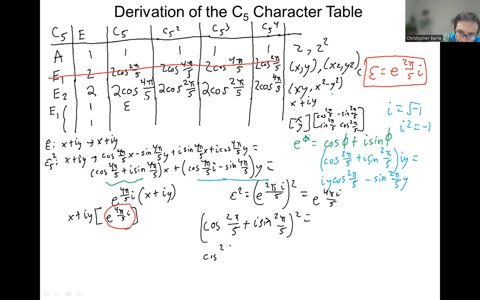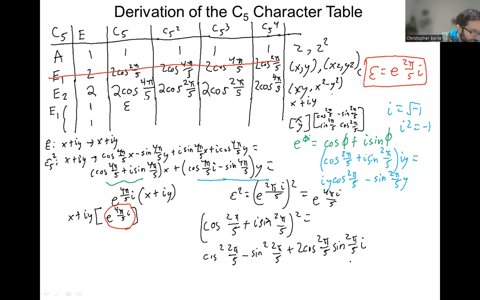Well, we get cosine squared 2 pi over 5. Now we have an I sine 2 pi over 5 times I sine 2 pi over 5. That gets us I squared, which again was equal to -1. So it's minus sine squared 2 pi over 5. And then we have 2 terms here, 2 cosine 2 pi over 5 times sine 2 pi over 5 times I, right?